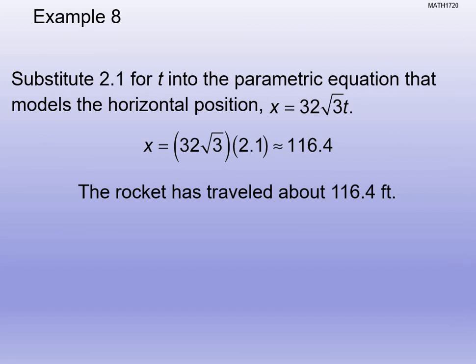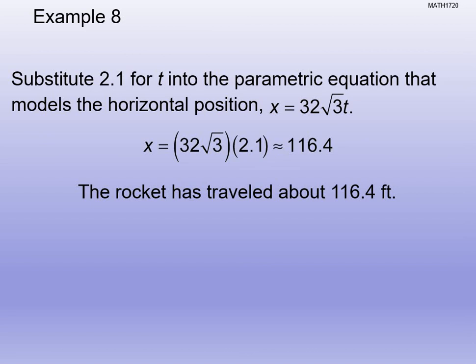We got to step back and revisit this problem. Just to reiterate what we did, we used our parametric equations in example 7 and were able to solve for t. We substituted it into the y equation and came up with our equation that was our parabola in terms of time.